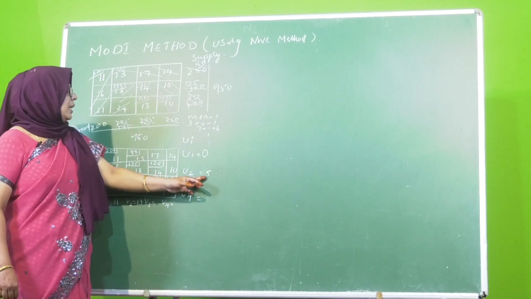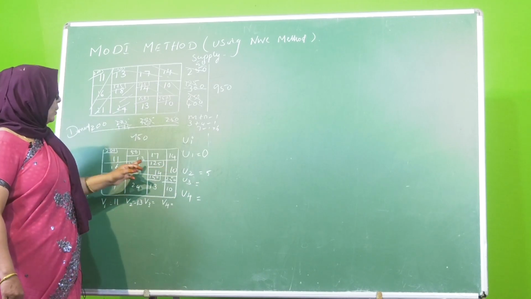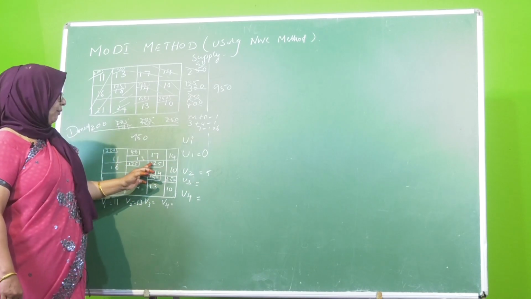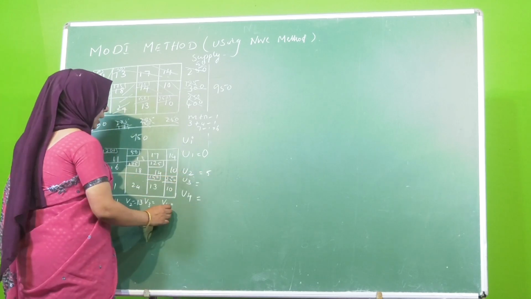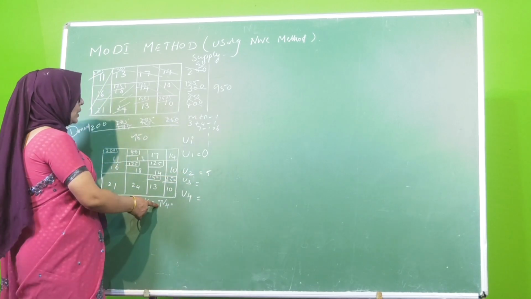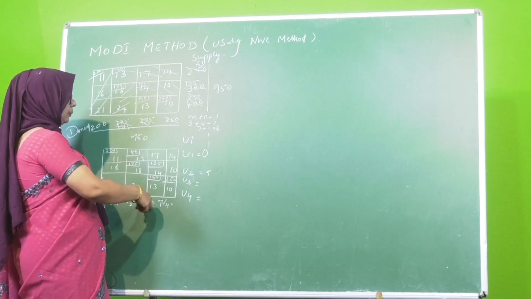Using 5, we have this row, where the other original allocation 14 is 125. So 14 minus 5 is 9.